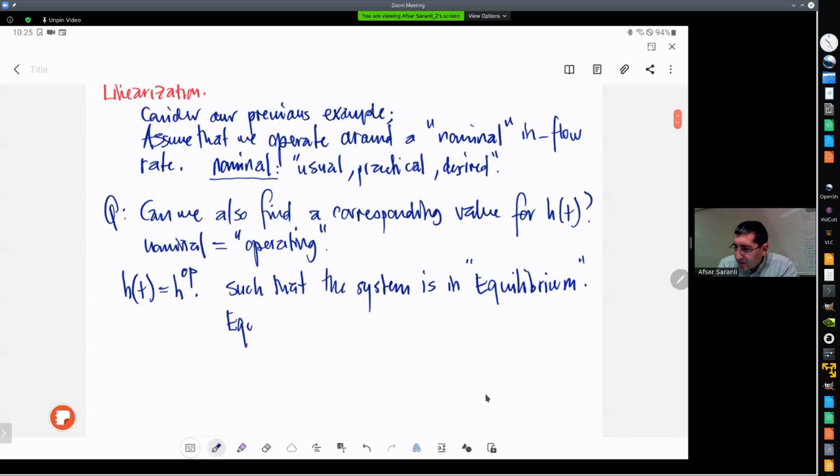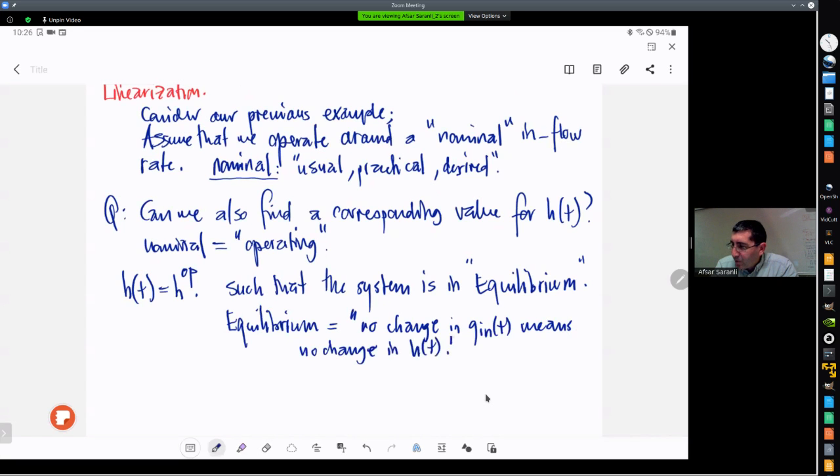Equilibrium means that if you have no change in Q in of t, so if your inflow rate is constant, it means no change in h of t. So equilibrium is a mathematical definition where if you have a constant input, you maintain a constant state. Okay? So that is the definition of equilibrium.